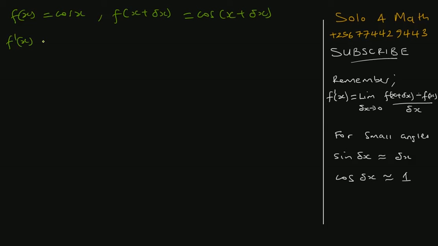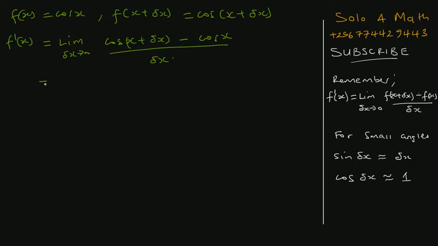The derivative will be equal to a limit as the small change in x tends to 0 of f(x plus dx), which is cos (x plus dx), minus the function of x, which is cos x, over the small change in x.